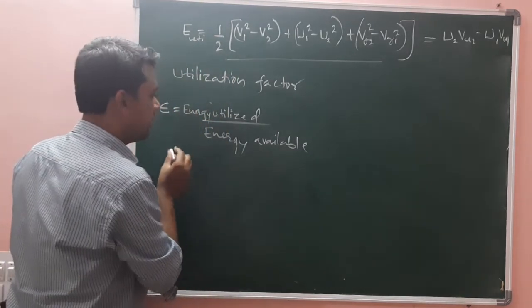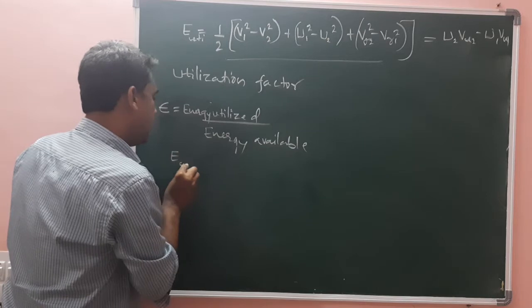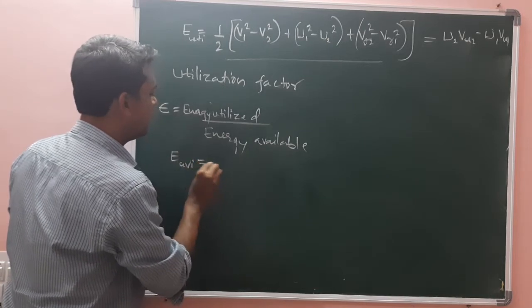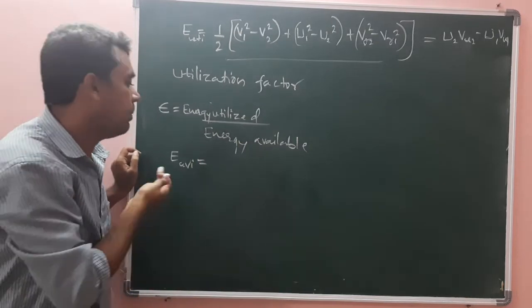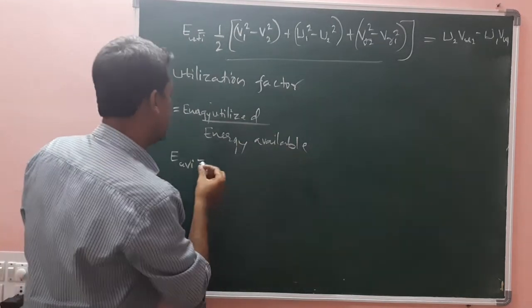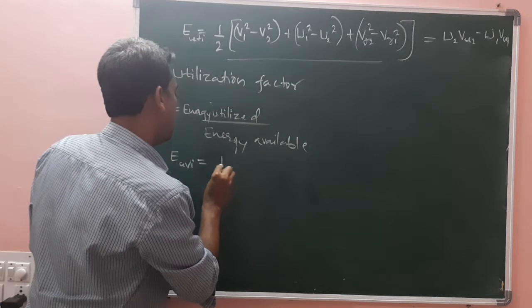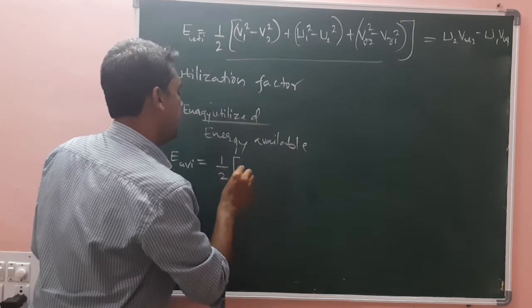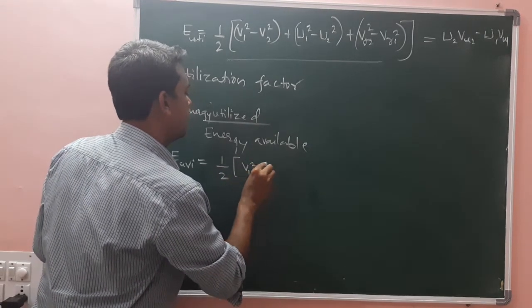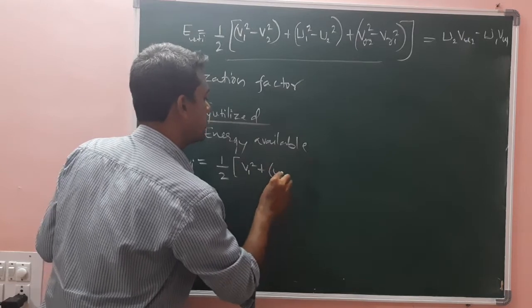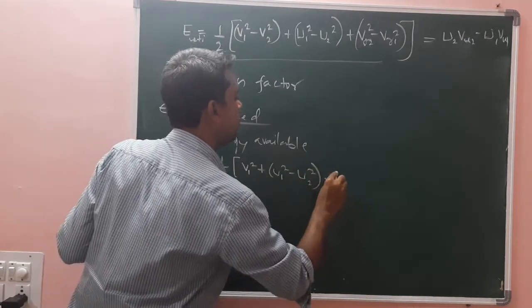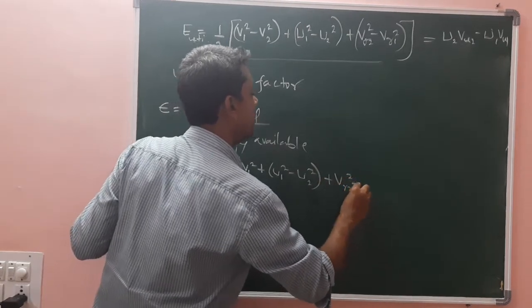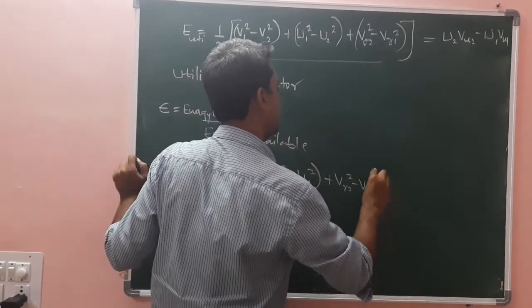This is the energy utilized by the turbo machine. Energy available, I will write it as, when V2 is equal to 0, that energy is nothing but the maximum energy that is available in the turbo machine. That is equal to 1 by 2 times V1 square plus U1 square minus U2 square plus VR2 square minus VR1 square.